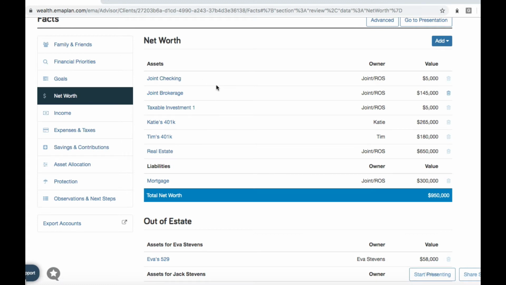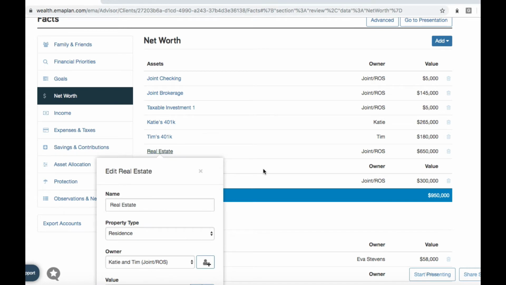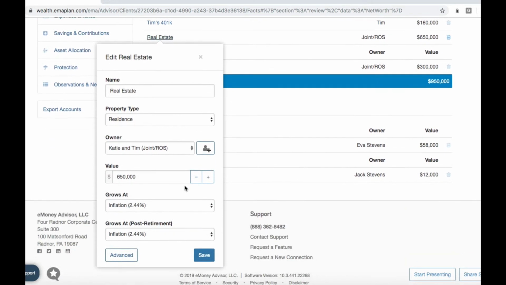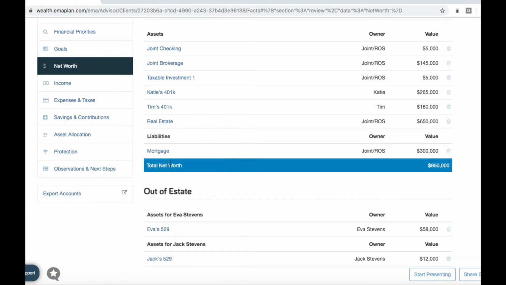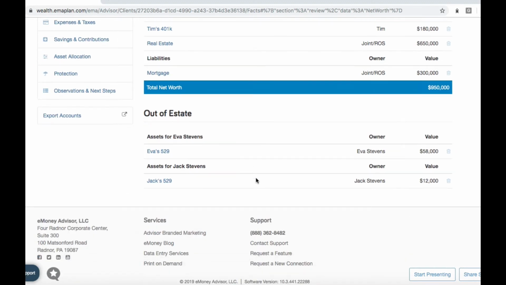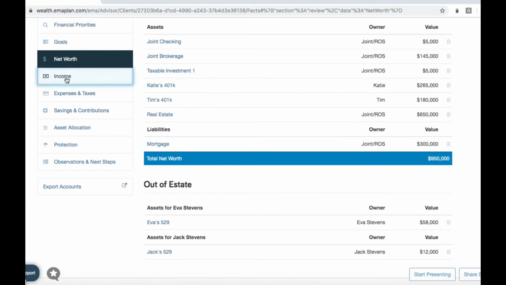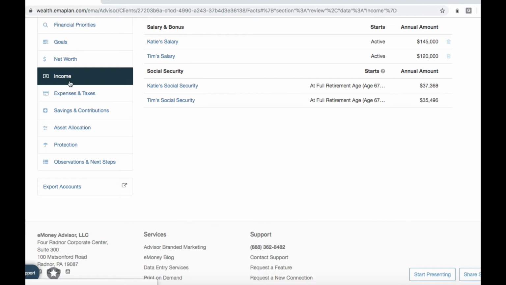It talks about checking accounts, brokerage accounts, taxable investments, all different. Any kind of real estate, that's probably their residence, you can click on it. Liabilities. You can set it up for income. You can do expenses.